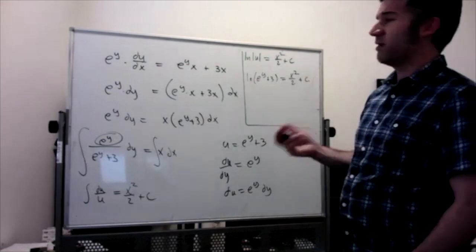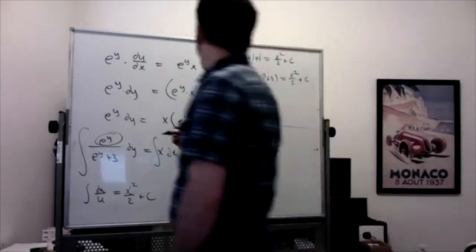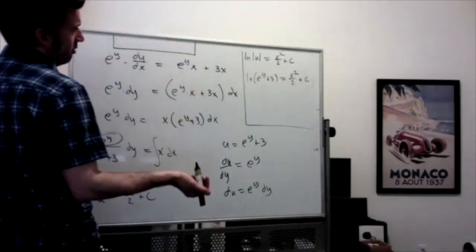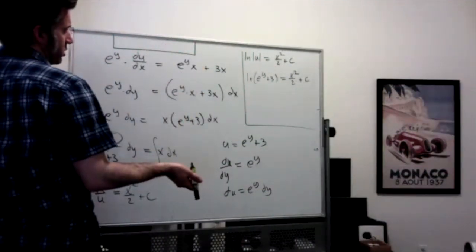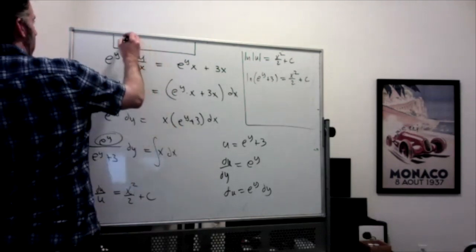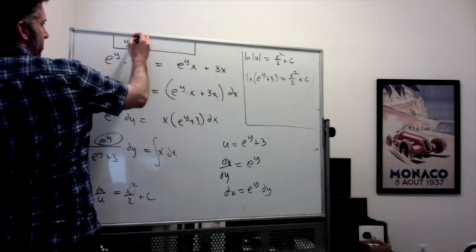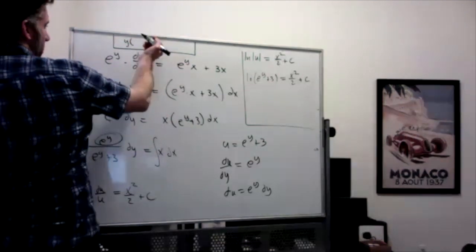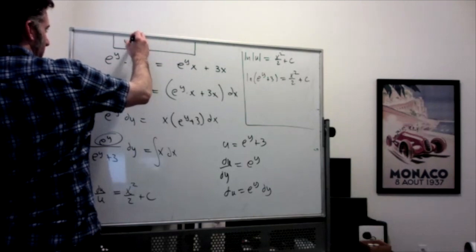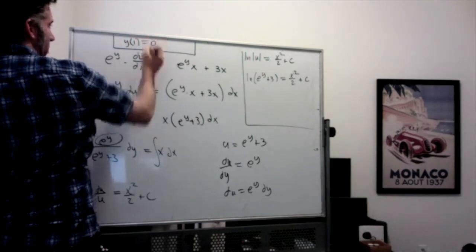And let's say that we're given the initial condition as well, that y of 1 was equal to 0.